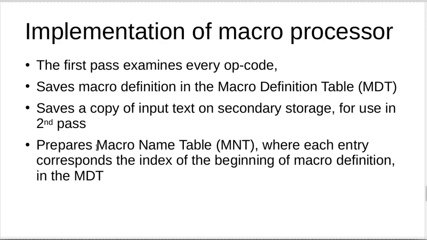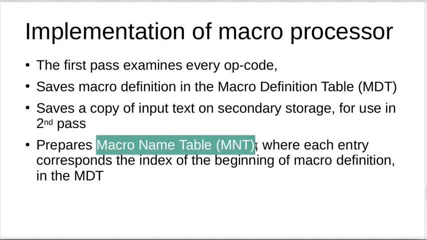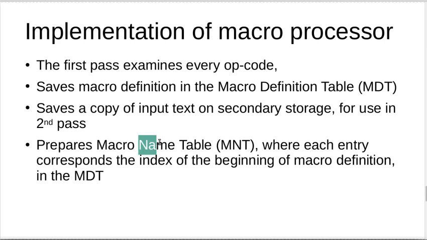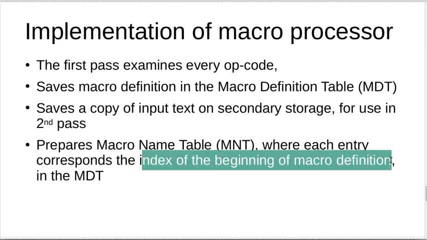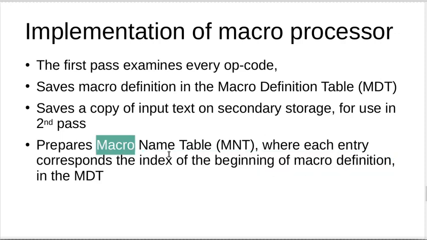For instance, the first pass also prepares the macro name table, the MNT. Obviously, from the name, this table stores the names of macros. Each entry in the table corresponds to the index of the beginning of a macro definition, because every macro definition has the name at the beginning. That index location value, along with the name, is stored in the macro name table.